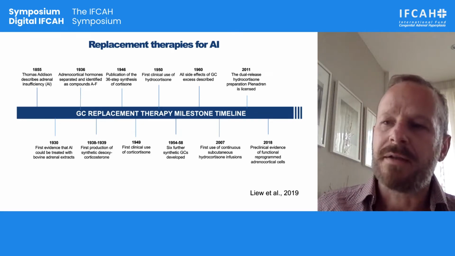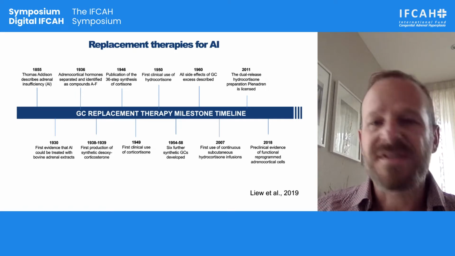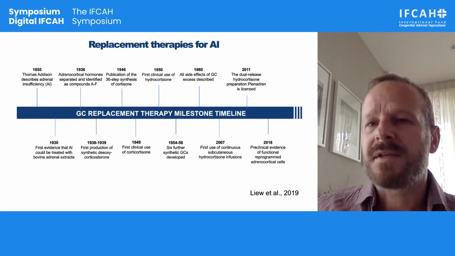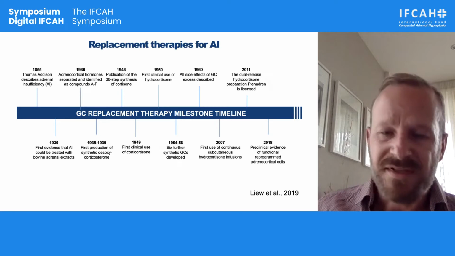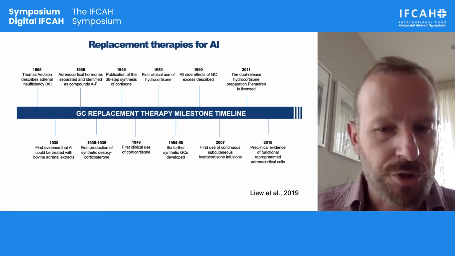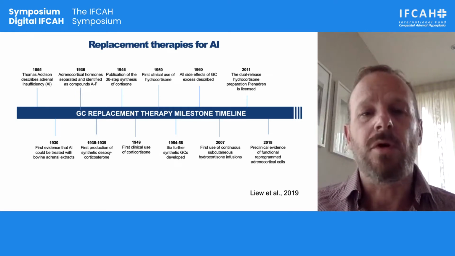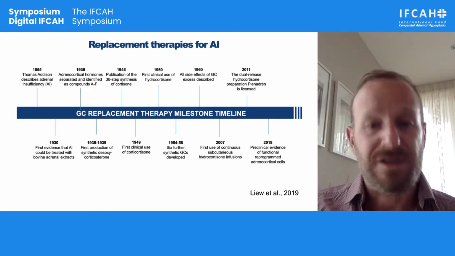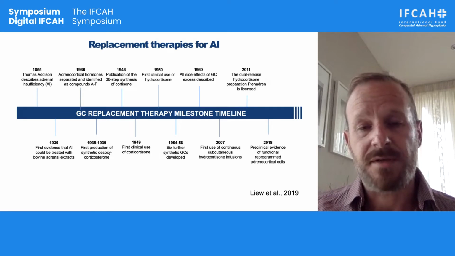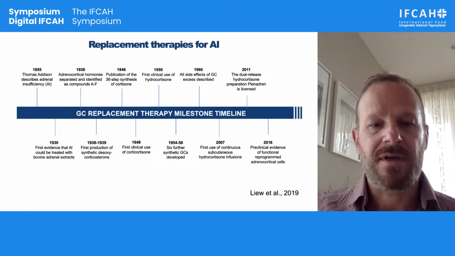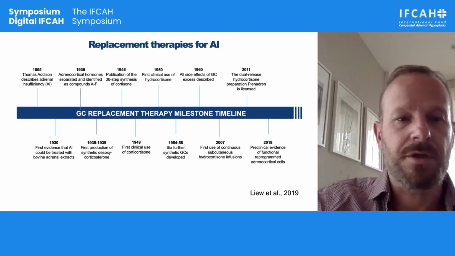In parallel, and much more recently, we have witnessed an increased understanding of the biology of the adrenal gland, and this has made possible thinking about alternative treatment modalities such as cell-based therapy or gene therapy, as Stefan was mentioning.